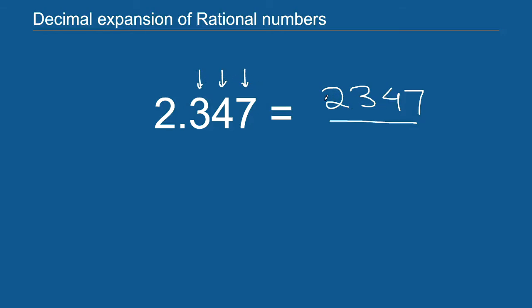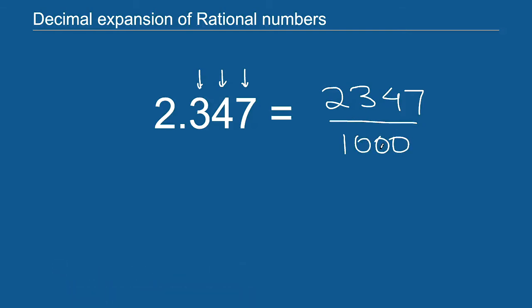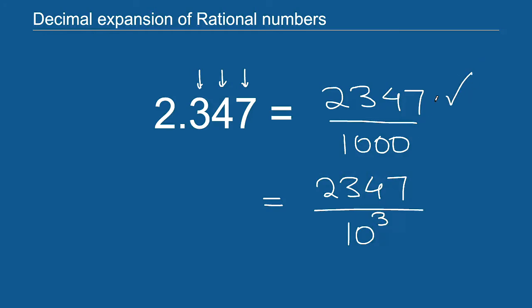So we write the entire number without the decimal, and divide it by 1 followed by 3 zeros, because there are 3 decimal places. Or we can think of it this way: we write the entire number 2347 and divide it by 10 to the power of the number of decimal places, which is 3, so 10 to the power 3. This is how we express this decimal number in the form of a rational number.